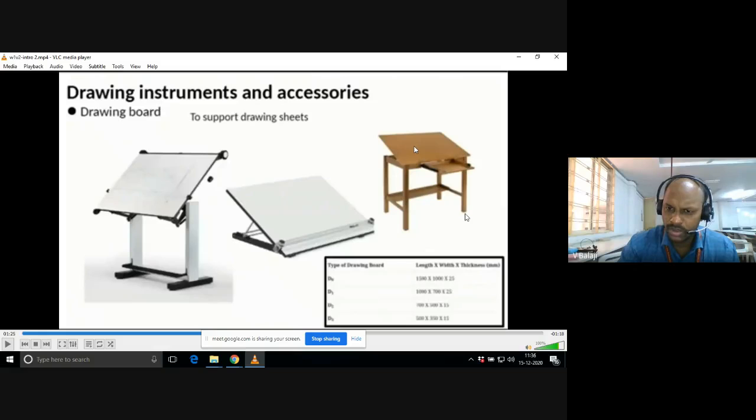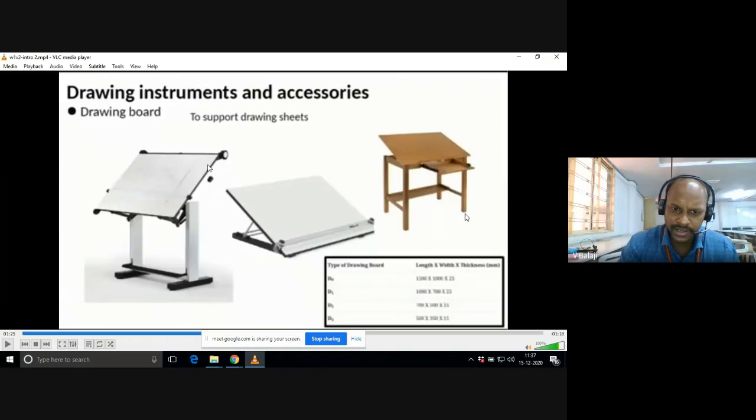You can find it in stationery shops and purchase it. It is costlier, maybe around 1,000 to 1,500 rupees. If you can afford it, you can purchase it, or you can use ordinary tables at home. I don't want to force you because it involves a lot of cost.